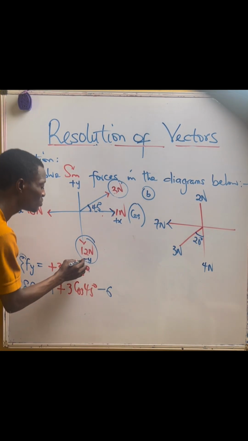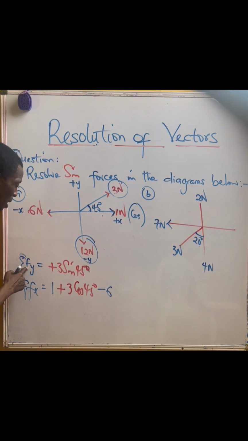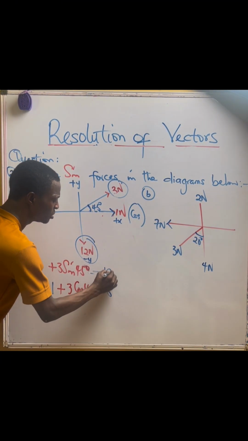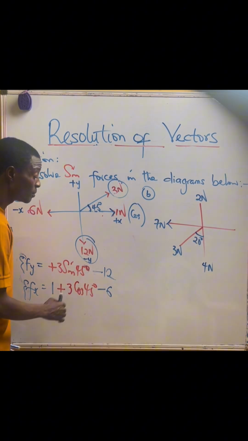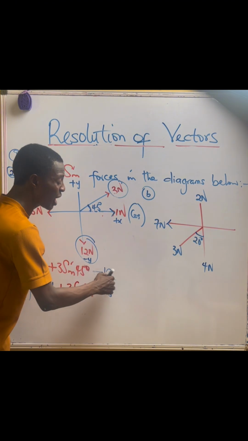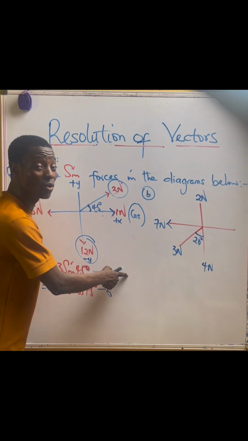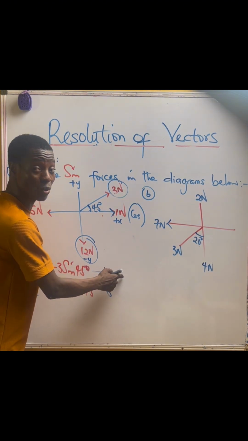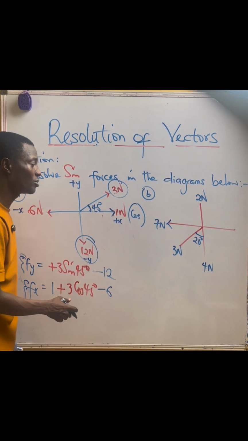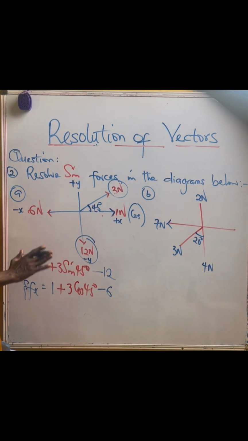Or you just pick the sign, I'm dealing with y, which is minus, then you pick the force. You don't need the angle again, because if you add the angle, which is cos 270, it will change the sign again. Do you understand? So whenever you're dealing with the y-axis, you don't need the angle.